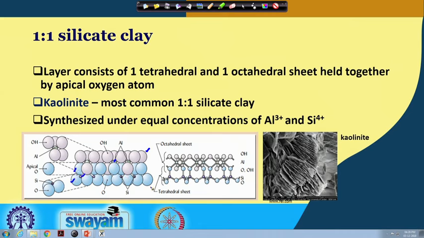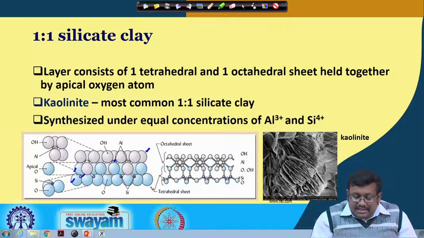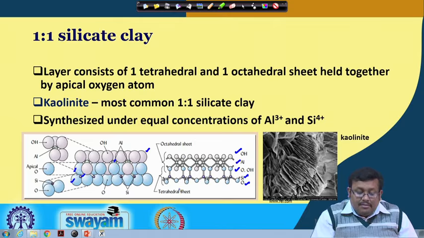So, there are several layers of atoms, and if we see a 2-dimensional display, we can see there will be a hydroxyl plane followed by an aluminum plane, and then again an oxygen and hydroxyl plane followed by a silica plane and then an oxygen plane. So, this is an example of a 1:1 layer of 1:1 type of clay, because there is only one silica tetrahedral sheet and one aluminum octahedral sheet.